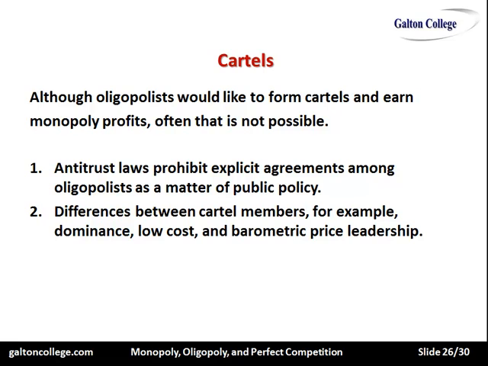There's also a type of firm called the barometric price leader. This is really an economics slang term for a company that's always changing the product, always changing what it's doing in the market, constantly innovating and tweaking and being unpredictable in its behavior. But it has a good history of predicting the market. So although it's changing a lot and constantly experimenting, it seems to be getting it right.